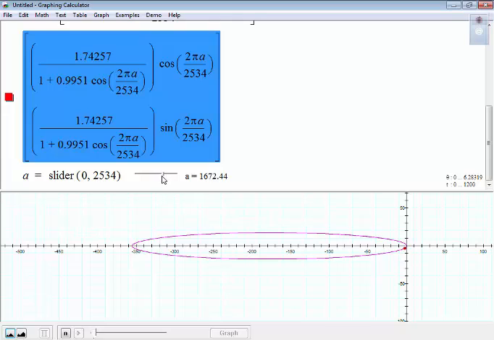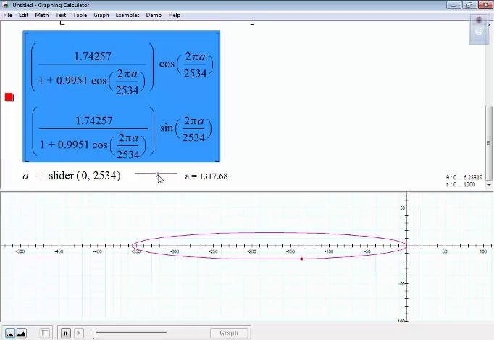So I don't know if that's the actual path of the comet. That seems kind of weird that it would really go that much faster when it's farther away from the sun. But that's how we can use a parametrization to see the path as the values of t change, as time changes.